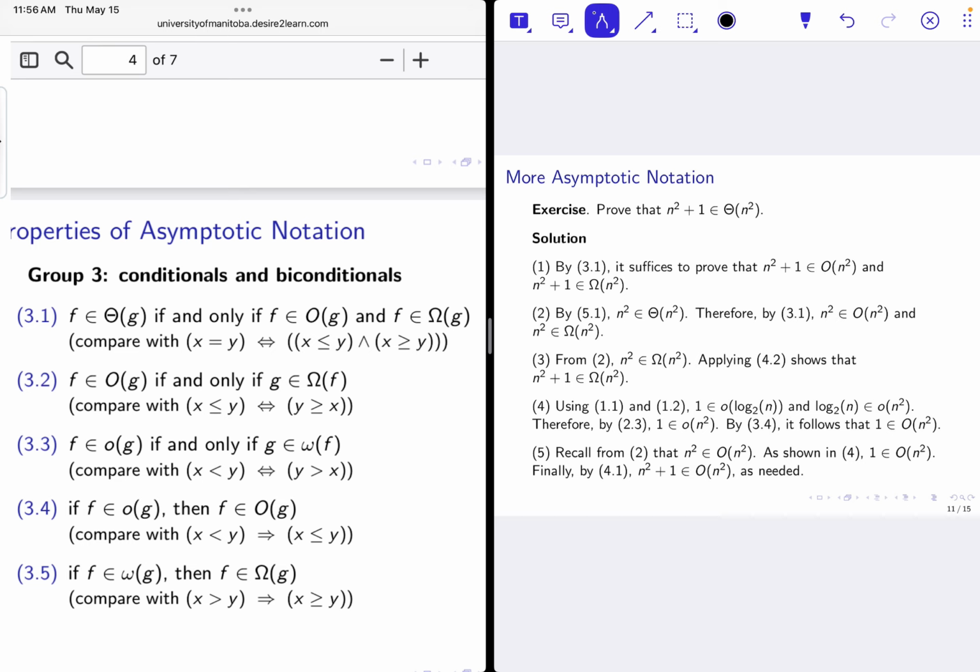So to show that it's in big omega, we start with the fact that n squared is in big theta of itself. Oh wait, I was getting ahead of myself. To get a start on both of those separate proofs, we use the fact that n squared is in big theta of itself, which means that it's in big O and big omega of itself.